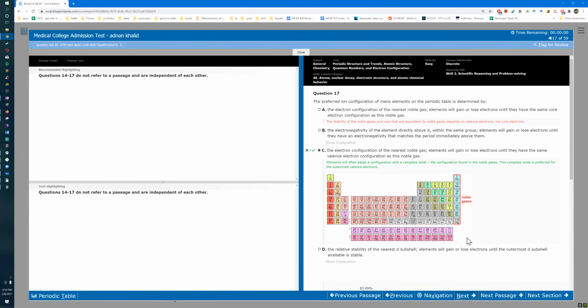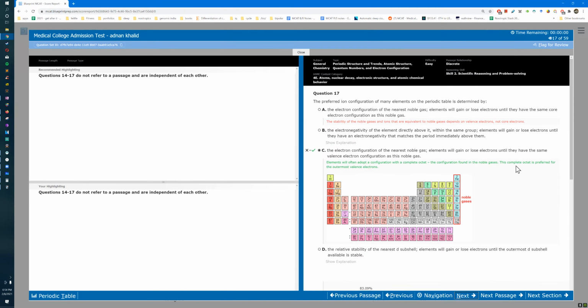This one, I got this right. Okay, so preferred ion configuration of elements on the periodic table. So they want to be like the noble gases, right? So A and C both basically say that. But A says same core electron configuration as a noble gas.